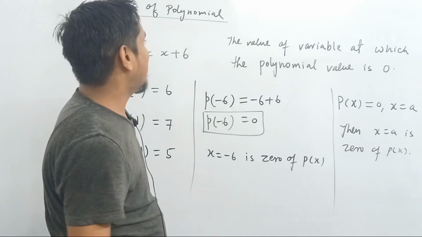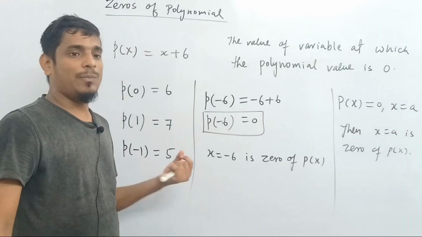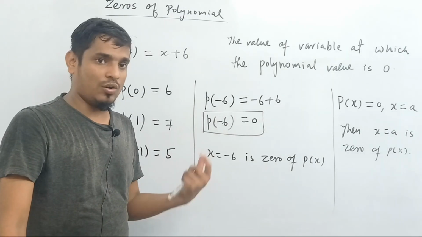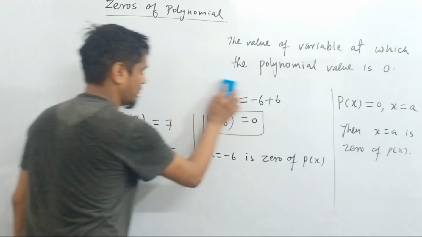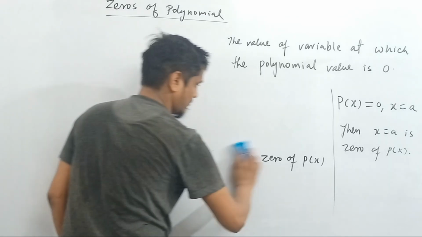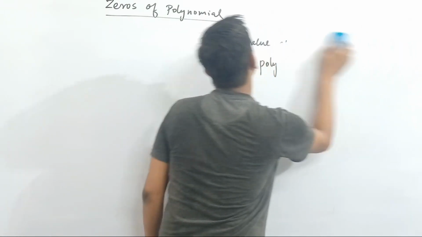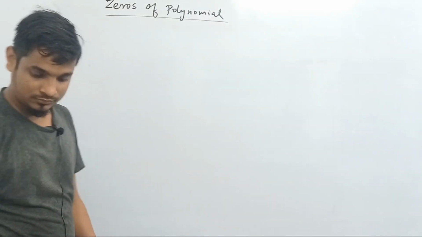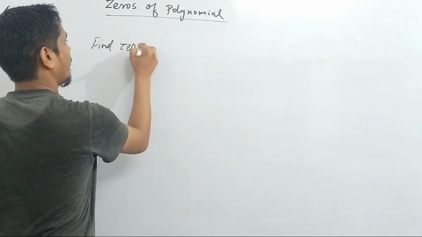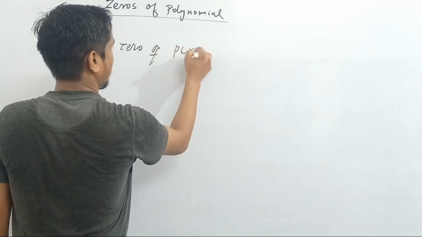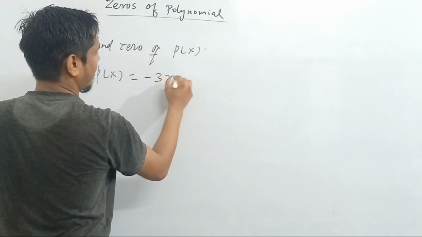Let's try some examples for finding the zeros of a linear polynomial, and then we'll see some examples of finding the zero of a quadratic polynomial. Find zero of p(x). We are given p(x) equal to negative 3x plus 9.